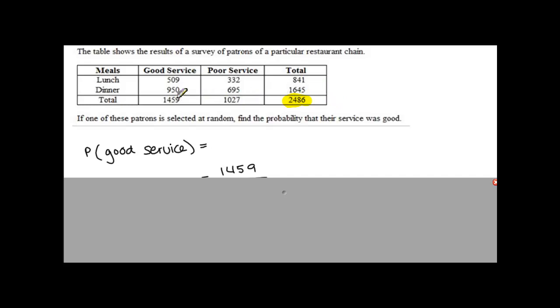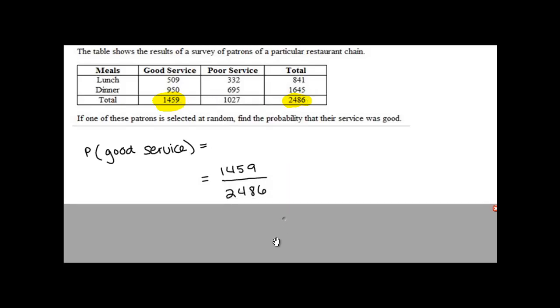Those who felt their service was good was 1,459. So the number of successful or favorable events would be the number who found they had good service, 1,459, out of the total number of patrons, 2,486.